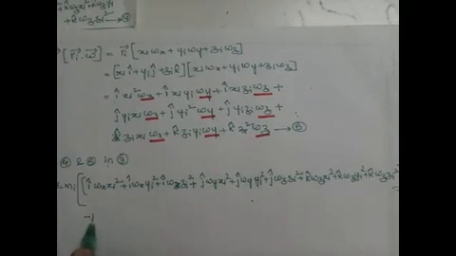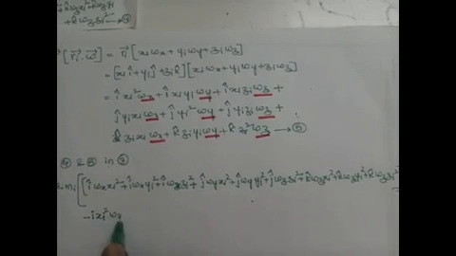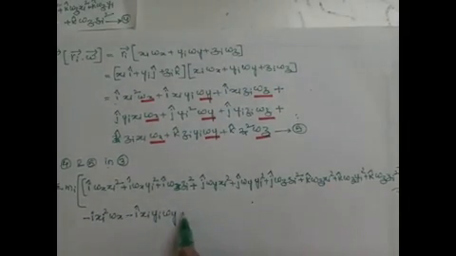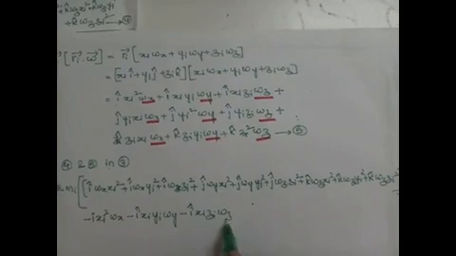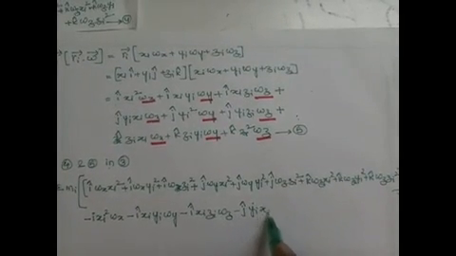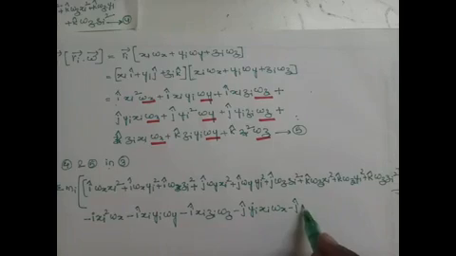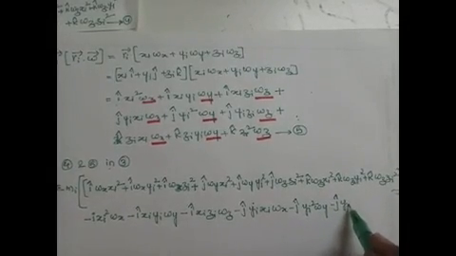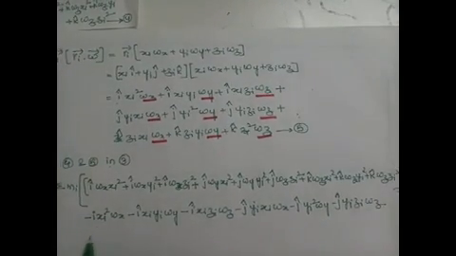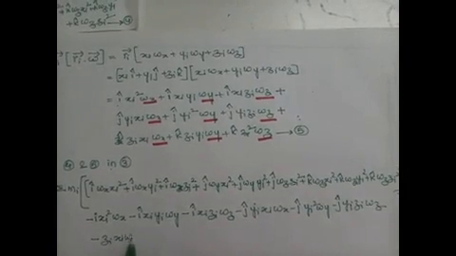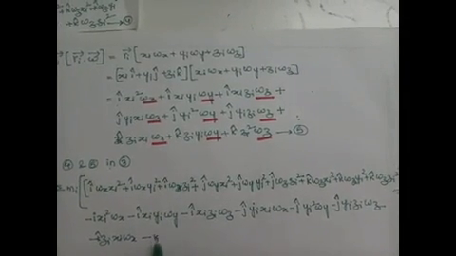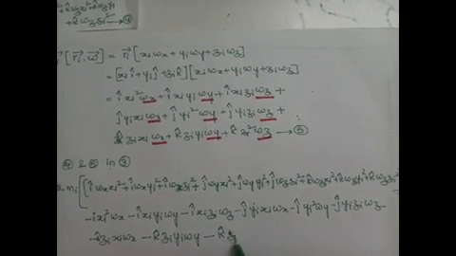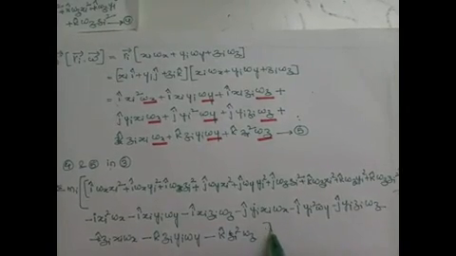So minus i cap xi square omega x, minus i cap xi yi omega y, minus i cap xi zi omega z, minus j cap yi xi omega x, minus j cap yi square omega y, minus j cap yi zi omega z, and minus k cap zi xi omega x, minus k cap zi yi omega y, and minus k cap zi square omega z. So these are the values we got here.